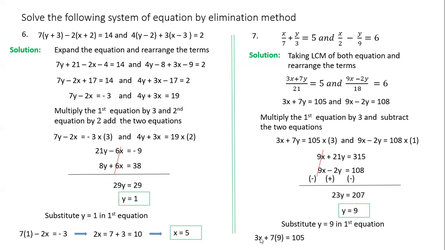You'll get 3x plus 7 into 9 is equal to 105. That is 3x is equal to 105 minus 7 nines, 63. The plus sign here, so it comes this side, becomes minus. 105 minus 63 is 42. So x is equal to 42 divided by 3 is 14. So x is 14, y is 9. That was your 7th question.